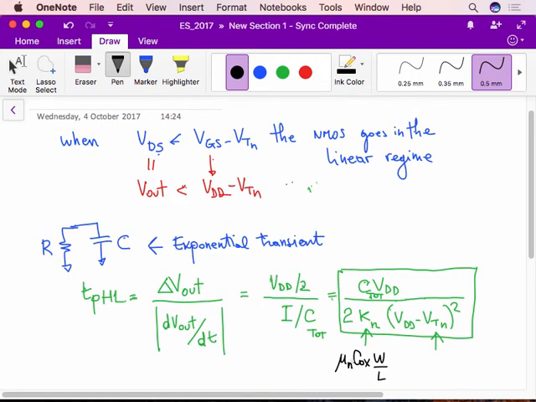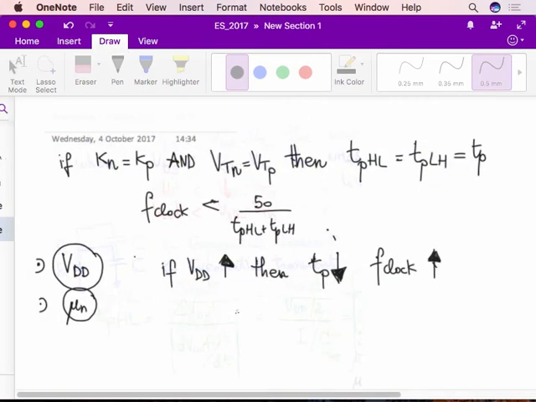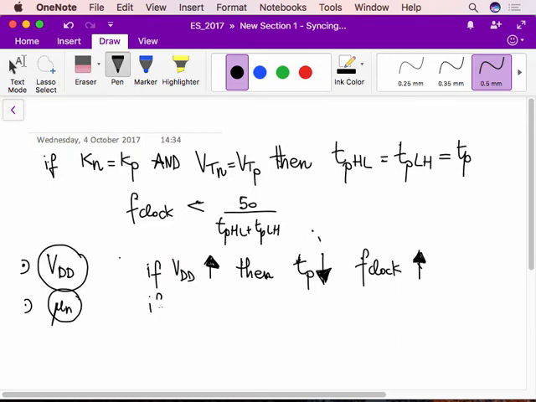This means that if you increase the mobility, again, you can reduce the propagation delay. And therefore, you can increase the clock frequency. So the dependence, again, is the same. If the mobility goes up, then the propagation delay goes down, and the clock frequency goes up.